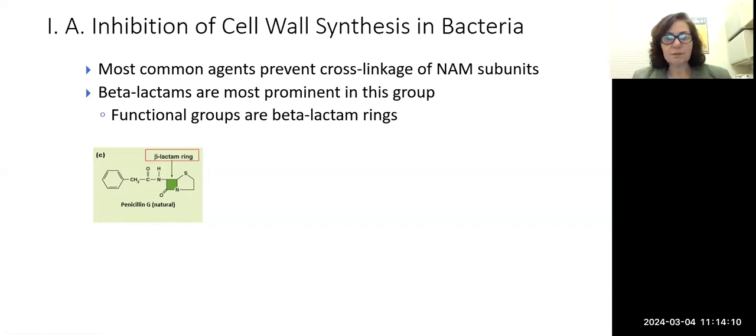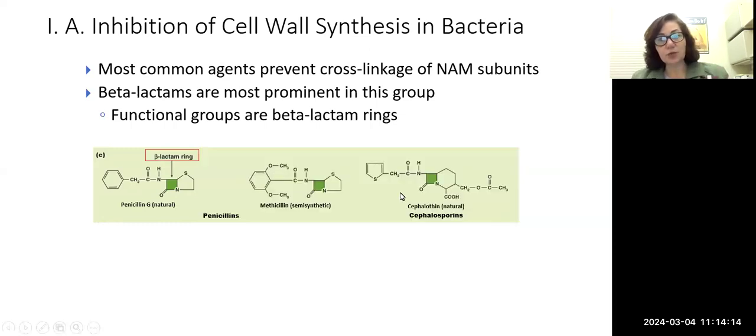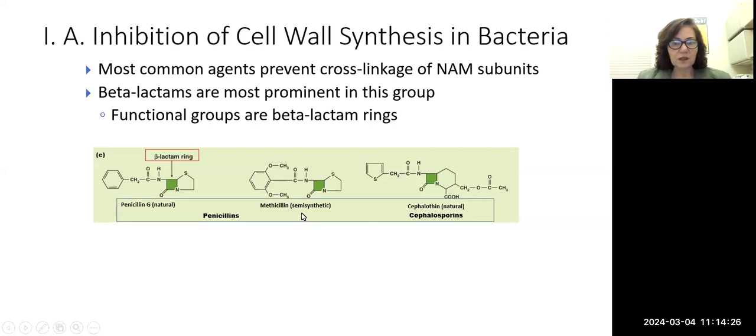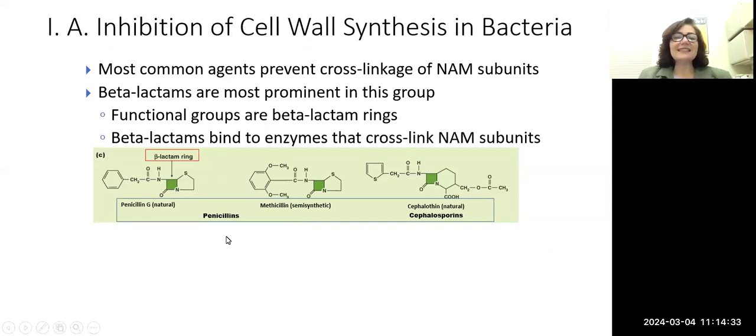So that's the so-called beta-lactam ring, and you can see it in other groups that are other drugs that are also beta-lactams. Methicillin, for example, and cephalosporins are also beta-lactams. Okay, there you go. You got all the names. It's that beta-lactam that binds to that enzyme and is going to interfere with the NAM units connecting to each other. Now, why does that matter?